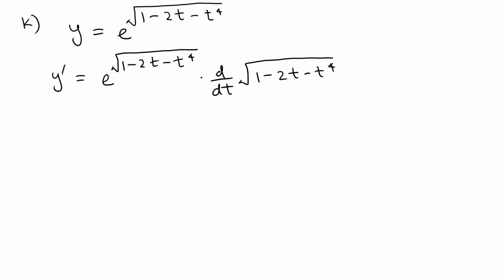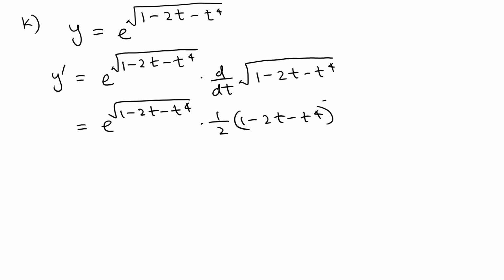And here you don't need a parenthesis because there's only one function here. And then now we take the derivative of the second function. So e 1 minus 2t minus t to the 4, no changes. Now multiply the derivative of the inside second function. So it's 1 half. Because we know the square root means 1 half. It is 1 minus 2t minus t to the 4 to the negative 1 half, and then again multiply by the derivative of the inside function.